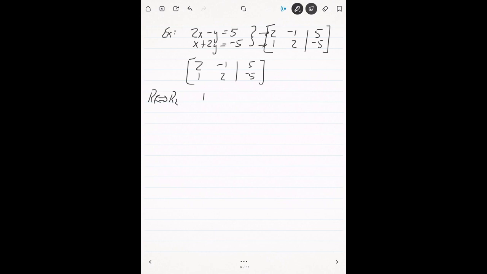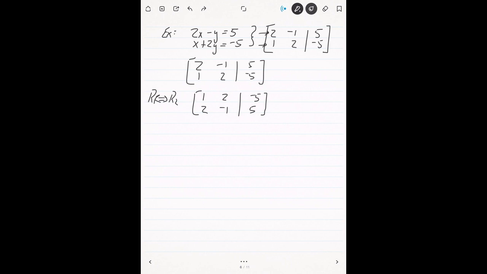So I'm going to move row 2 to the top, and I'm going to move row 1 to the bottom. There is one of my elementary row operations. I said you could swap row positions, so I just did. And hey, what do you know? I got 1s on the diagonal now. I'm starting to get there, okay.